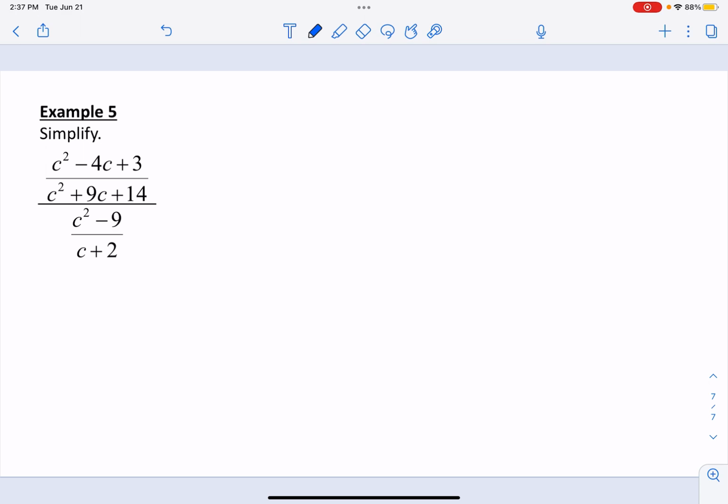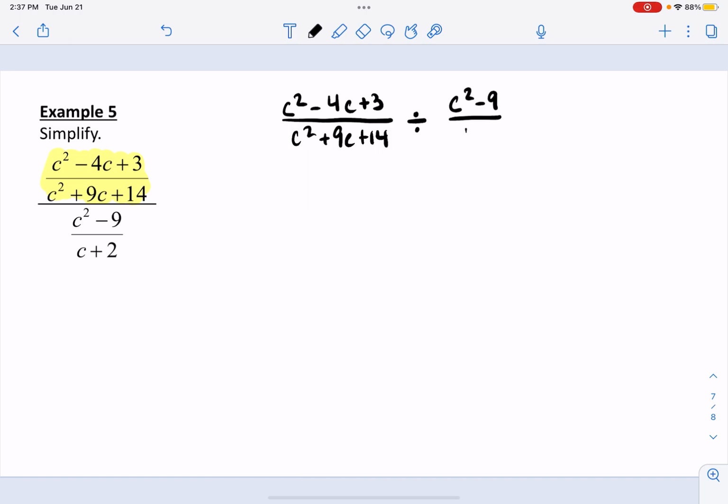Okay, our last example. Again, it might be helpful for you to maybe highlight. Okay, I have one fraction there. So I have c squared minus 4c plus 3 divided by c squared plus 9c plus 14 divided by c squared minus 9 over c plus 2.